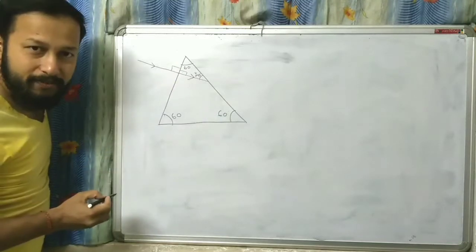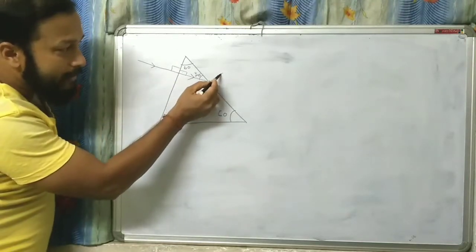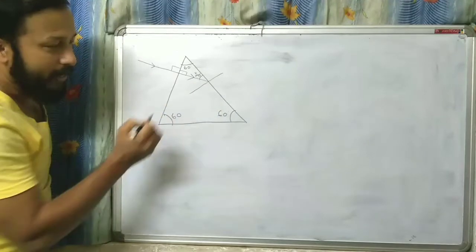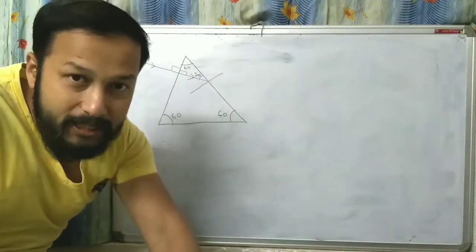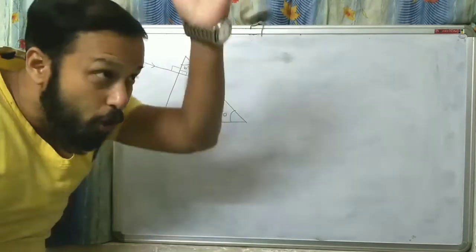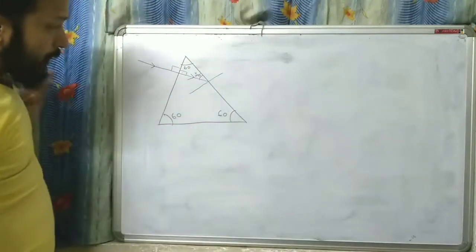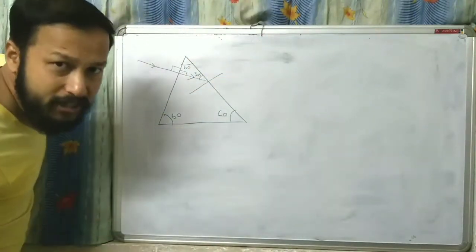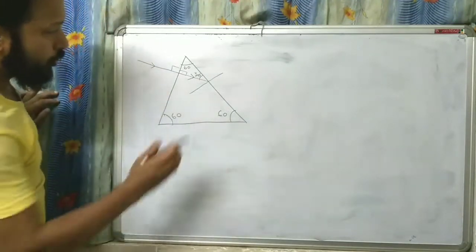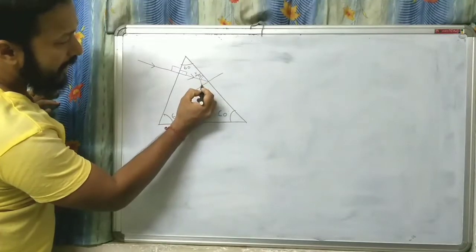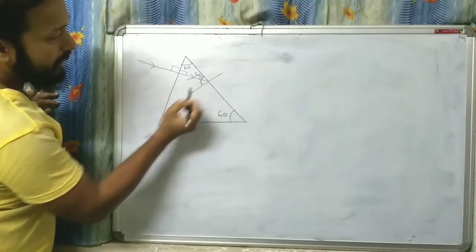Now this is the normal I am drawing. You know normal, we already discussed it in the first part. Normal always makes 90 degree with the surface. That means this is 90 degree.